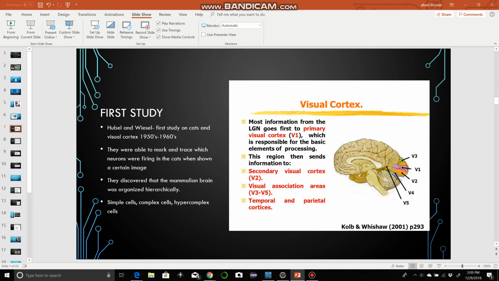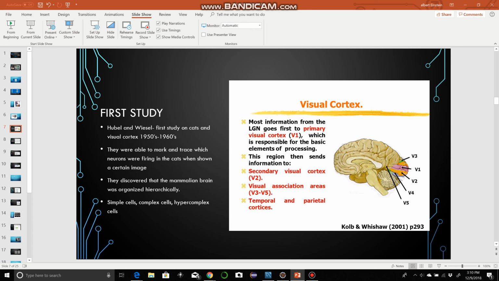So it's interesting. One of the first studies that was ever done on how our brain works, how humans' brains work, was actually done on cats. A really interesting study done by Hubel and Wiesel. From the 1950s all the way to the 1960s, they discovered that the occipital region of the brain, which is where the mammalian brain processes images, was built upon a hierarchical structure from V1, V2, V3, V4, V5, and all these cells are what they call neurons, which is the primary cell of the brain.